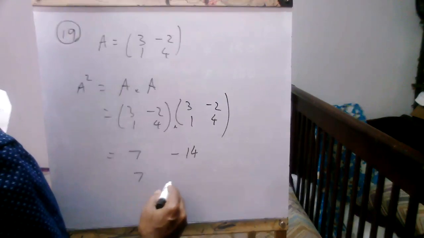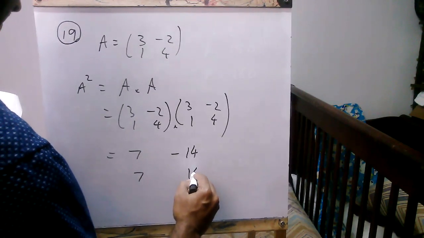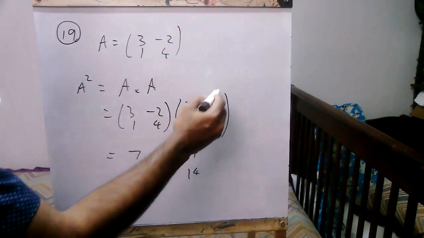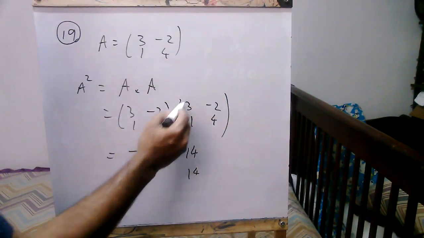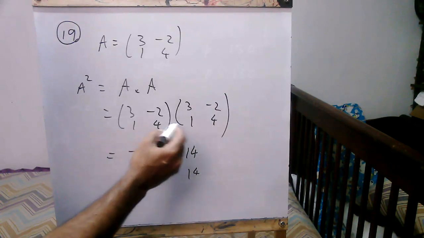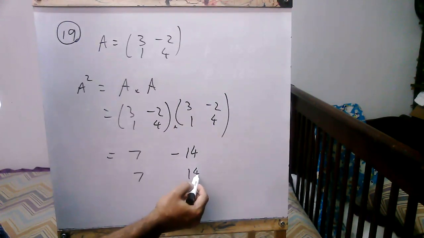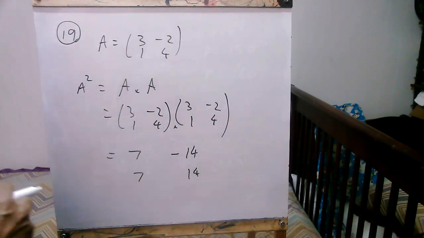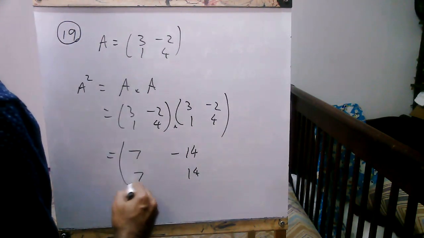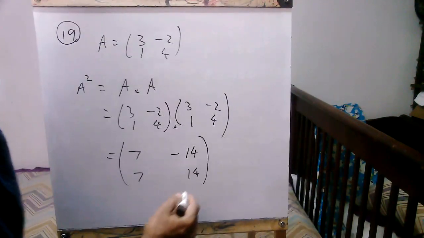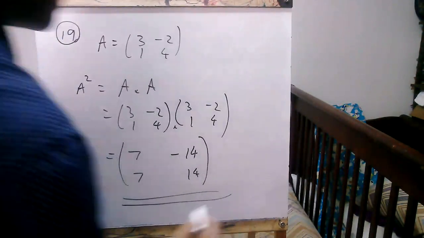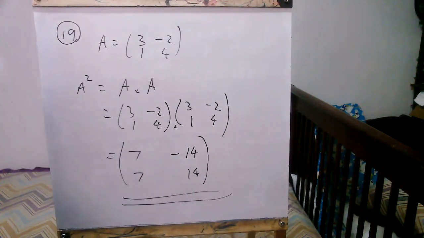Then this row times this column gives the second row, first column, and the second row, second column. So this is our A squared. This is the final answer for 19.